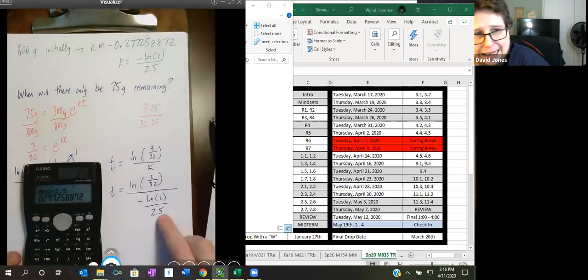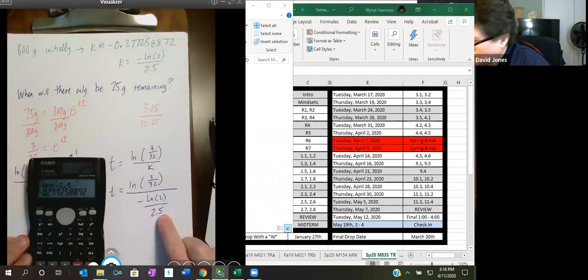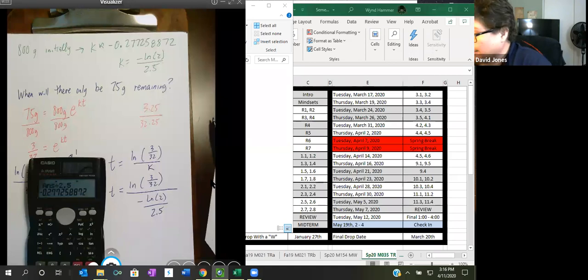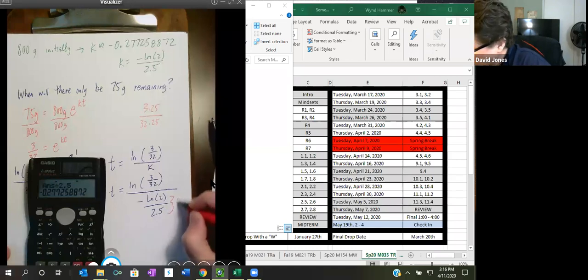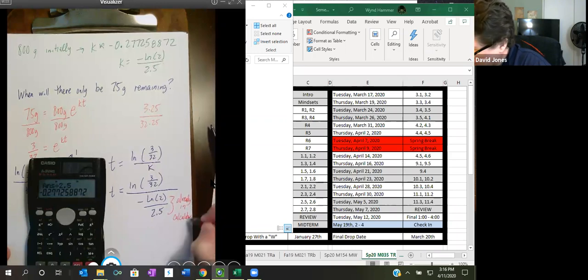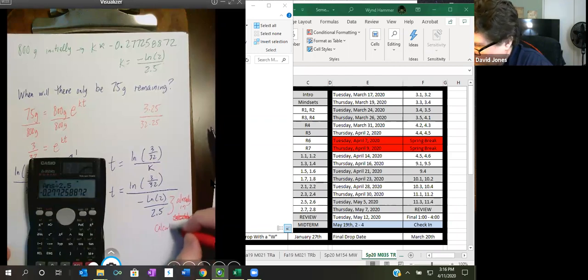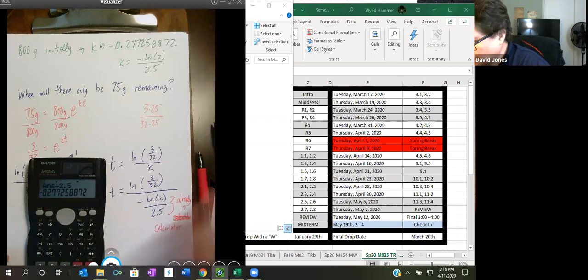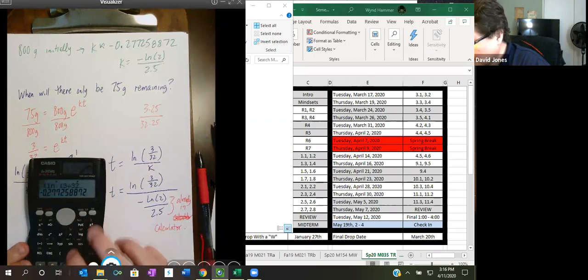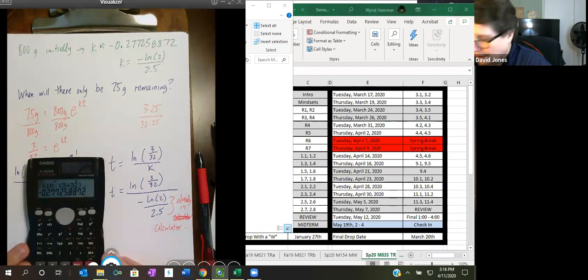I've already done that last one, so I have this stored in the calculator. Or you can do it at the end if you didn't keep it in there. I'll say parentheses, natural log, parentheses of 3 divided by 32, end the parentheses, then divide by the denominator.